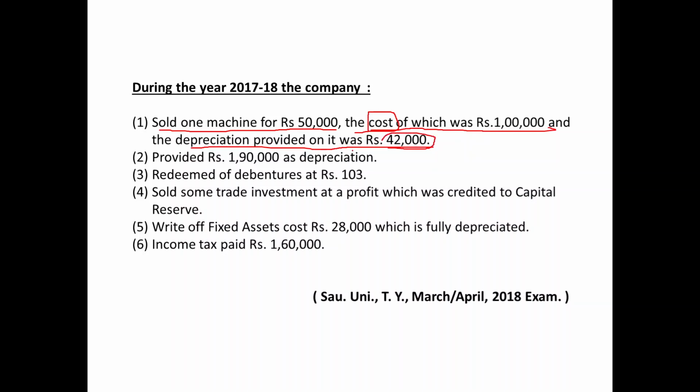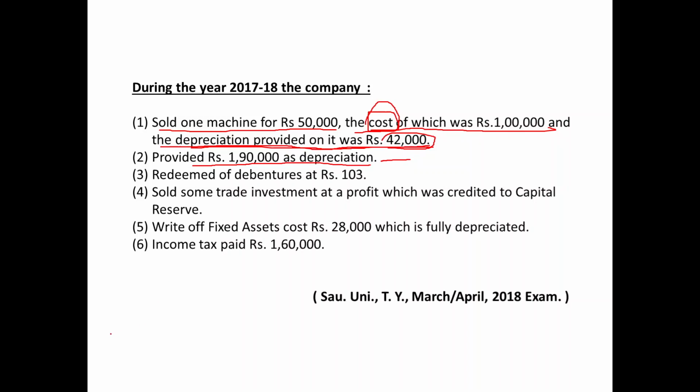In the very second point, it has been said provided rupees 1,90,000 as a depreciation. So this 1,90,000 is the current year's depreciation that has been provided on the fixed assets. So in item number 1, what does this mean, the word cost as well as the depreciation provided on it was 42,000.